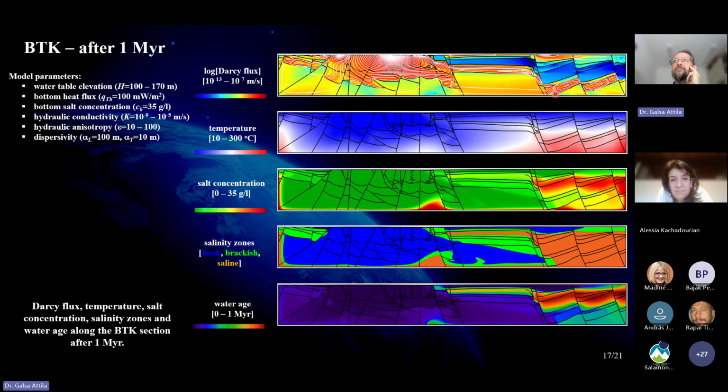On the other side, in the eastern confined aquifers or reservoirs, thermohaline convection forms with high temperature, high salt concentration, with saline and aged waters.